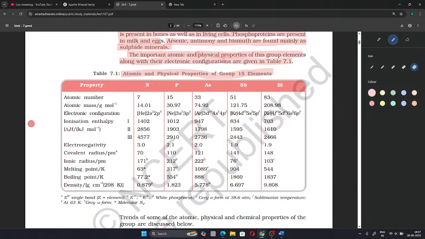Atomic number of nitrogen is 7, atomic mass is 14, electronic configuration is 2s2 2p3, with a half-filled p configuration. Ionization enthalpy for the first one is 1400, which is the highest in the group. This is because 2p3 is a stable configuration and it is a small atom.